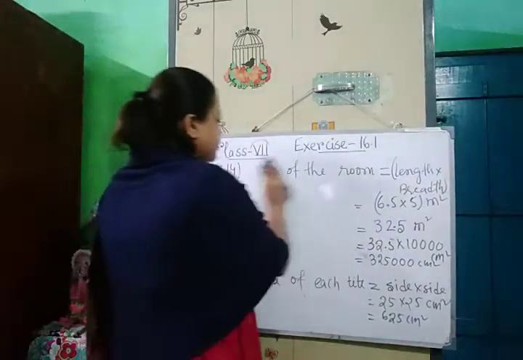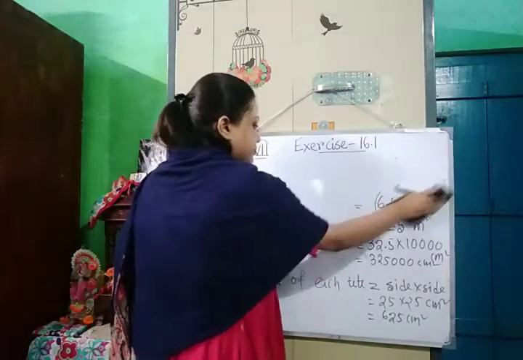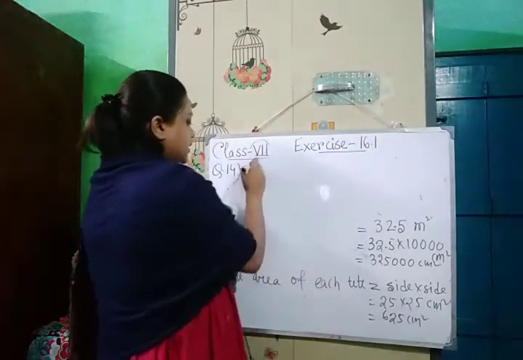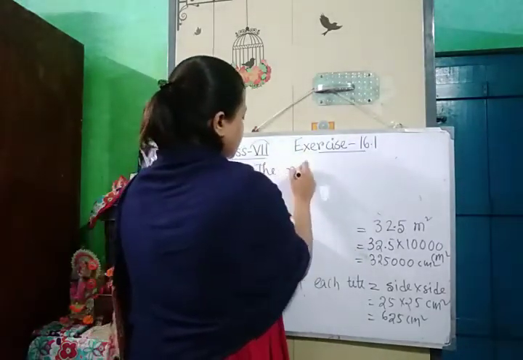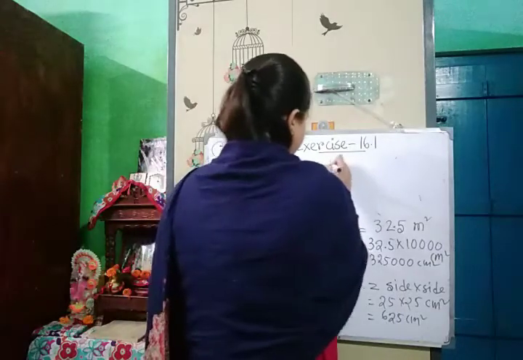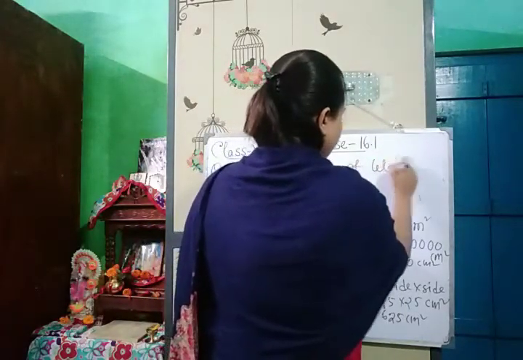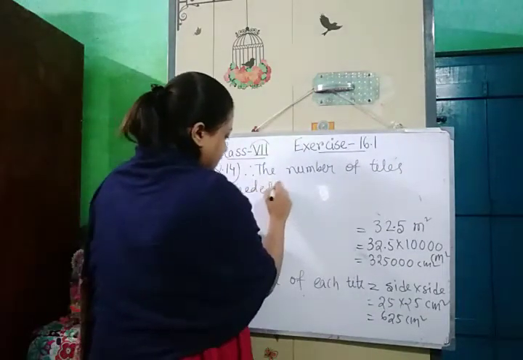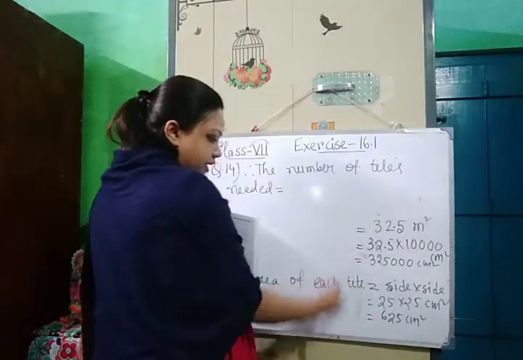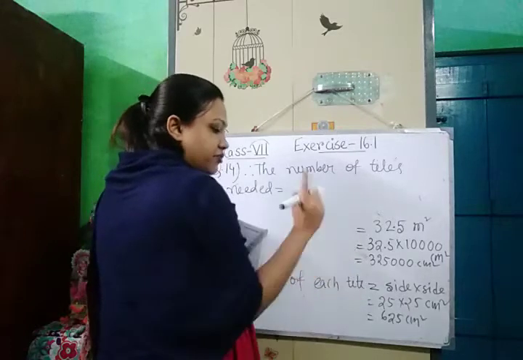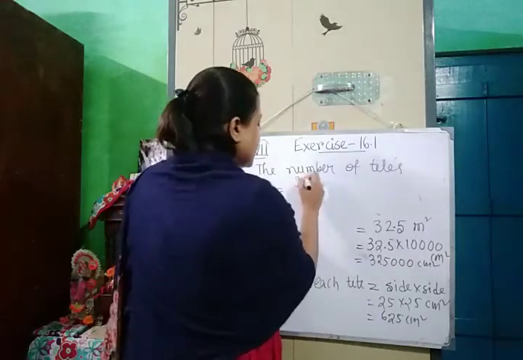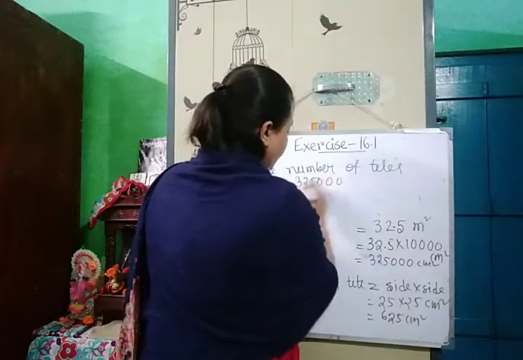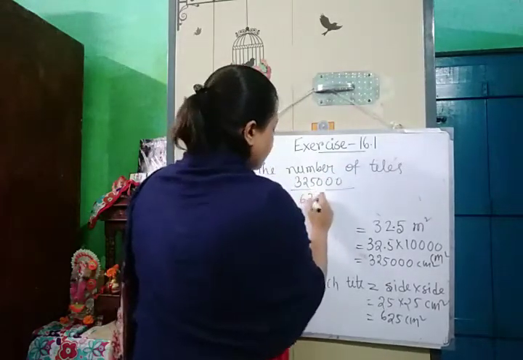Now the number of tiles required. Therefore the number of tiles needed is equal to the area of the room divided by the area of each tile. That means 325000 divided by 625.